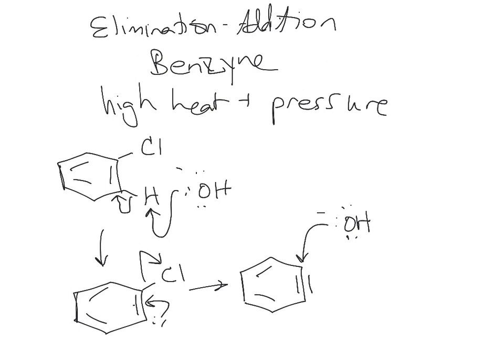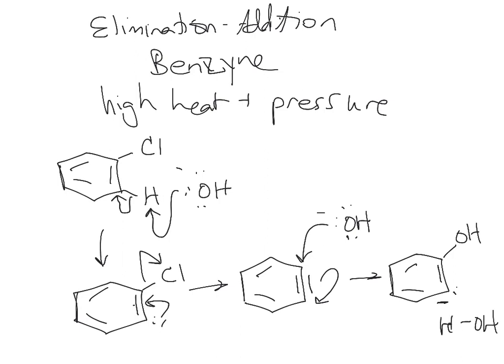And these electrons go back off. They're here, and then water that's in solution can protonate. So these electrons can now be protonated by the water, and you have regenerated your benzene ring with a new substituent, an OH instead of a halogen.